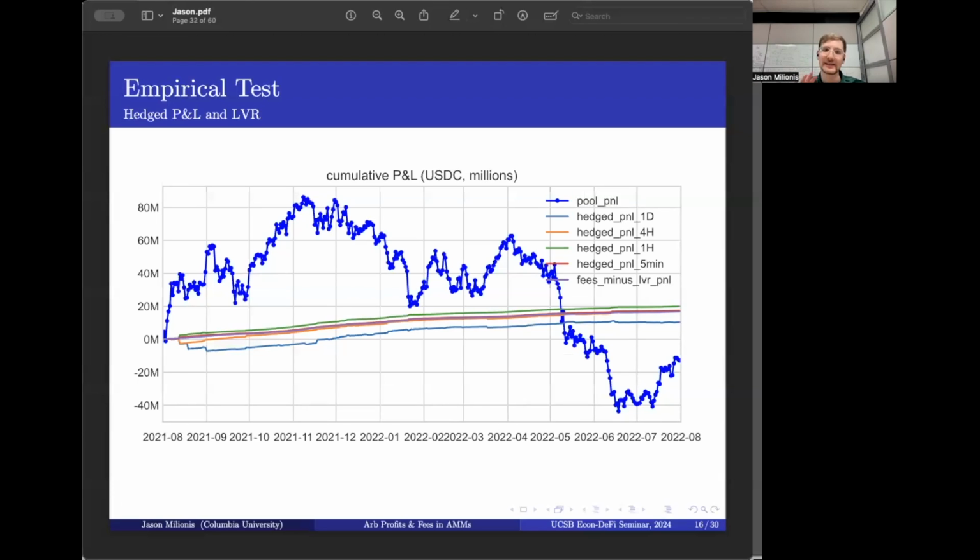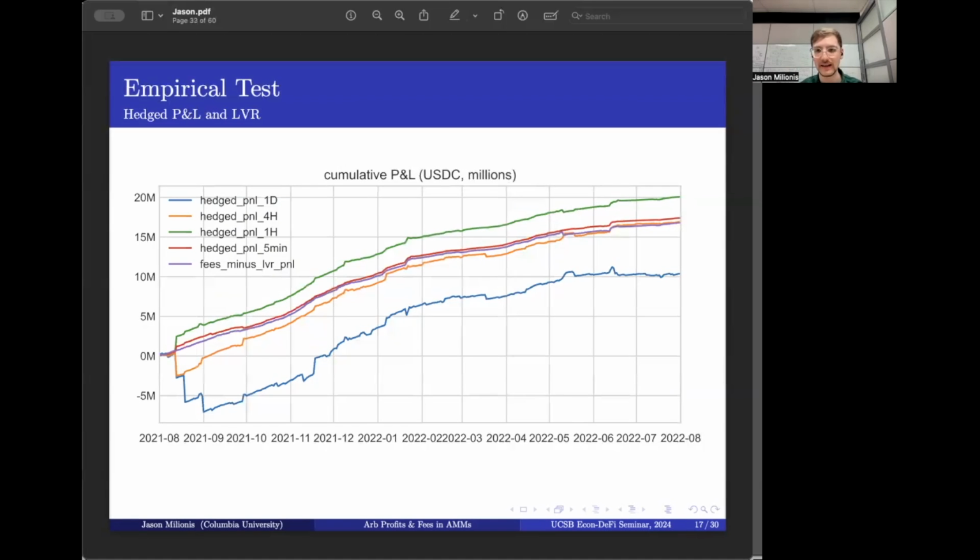But now let us ignore the actual profit and loss and let's go into specifically how the hedged profit and loss matches LVR. So zooming in and looking at these curves, what we can actually see is that the purple curve uses the LVR model. So in all of these curves, the purple curve is the only one that uses a model.